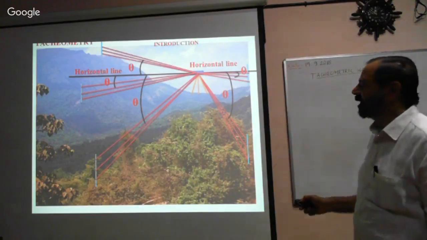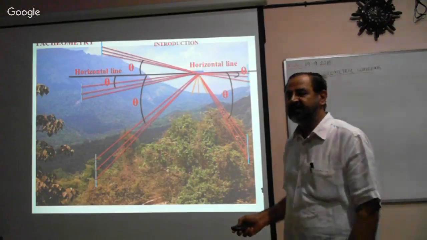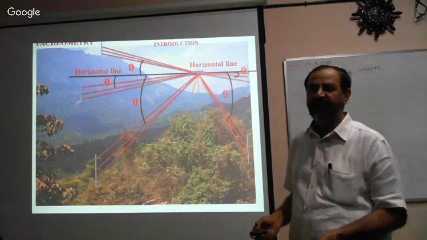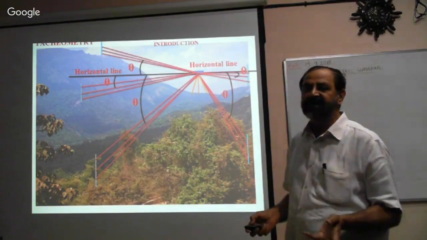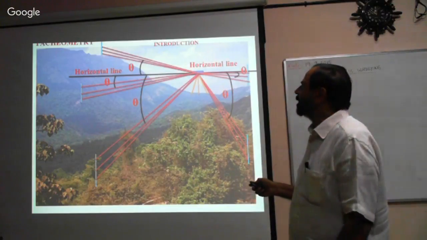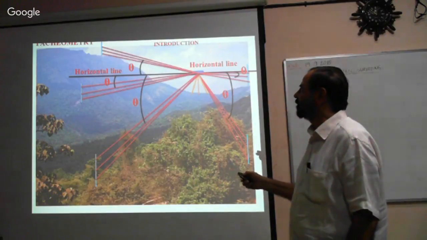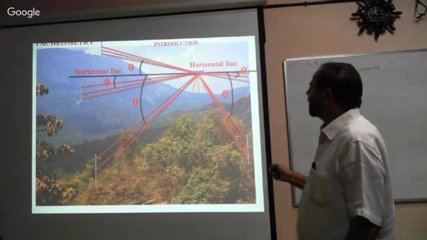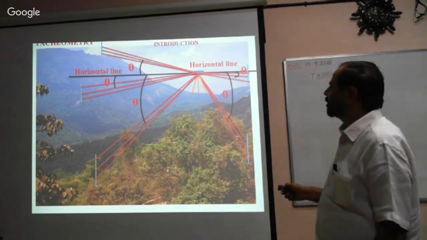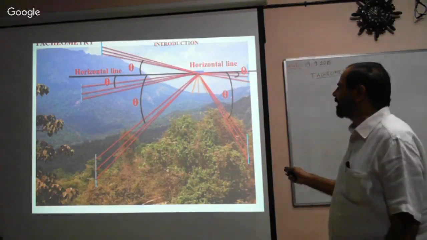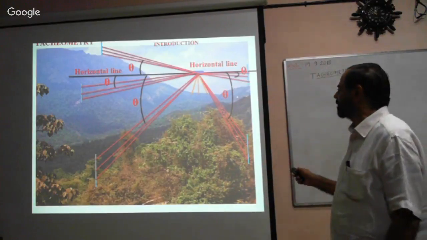The instruments required here are a tachometer. A tachometer is a regular transit theodolite fitted with the Stadia diaphragm, and a leveling staff, here called the Stadia rod. Only with this we can prepare the plan of the area and also the contour map of the area.